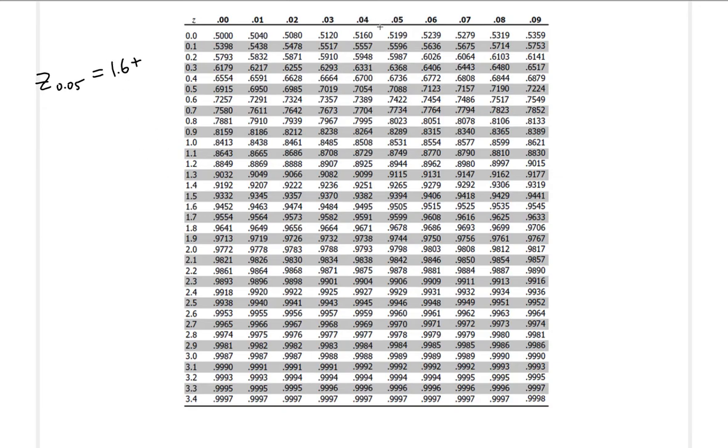So you have to add these two because they correspond to these two values. So adding these two and finding the average: 0.04 plus 0.05 and divide that by 2. So what you get is 1.6 plus the average of these two, which will be 0.9 divided by 2.